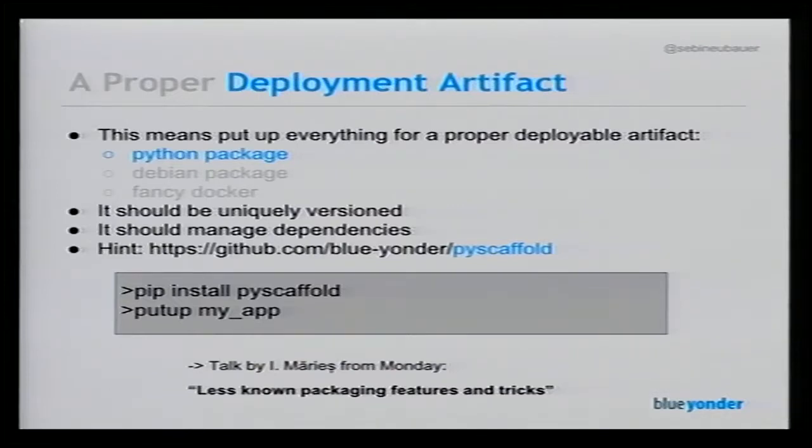At least for our company, it's extremely important that all the packages inside the company, inside our production delivery pipelines, really look the same. We see it later. It's really easy. You just say pip install PyScaffold, put up my app, and then you have a package which does quite some things.